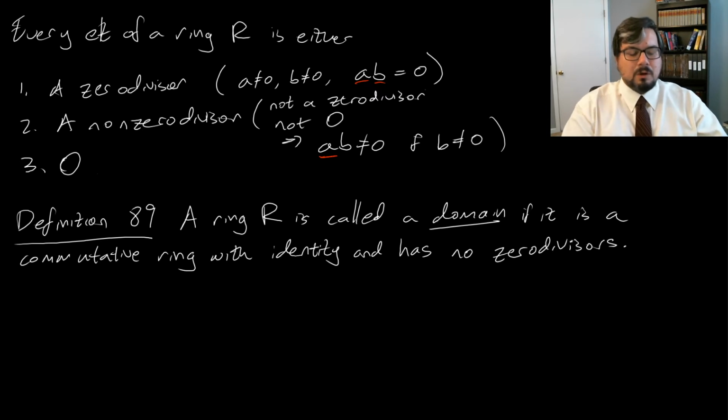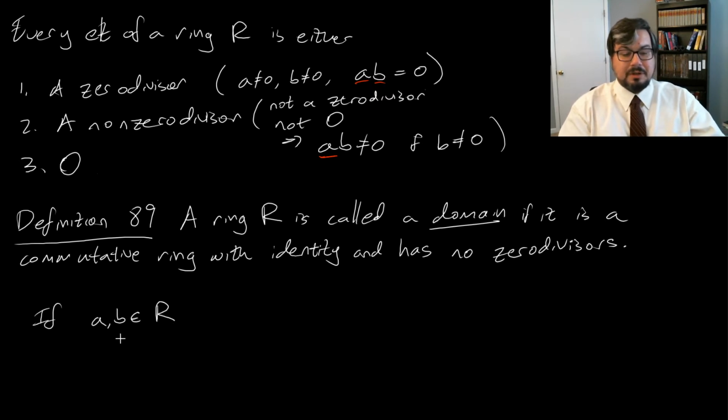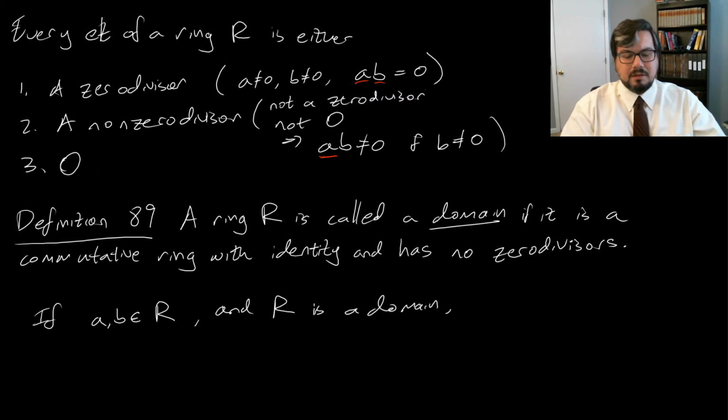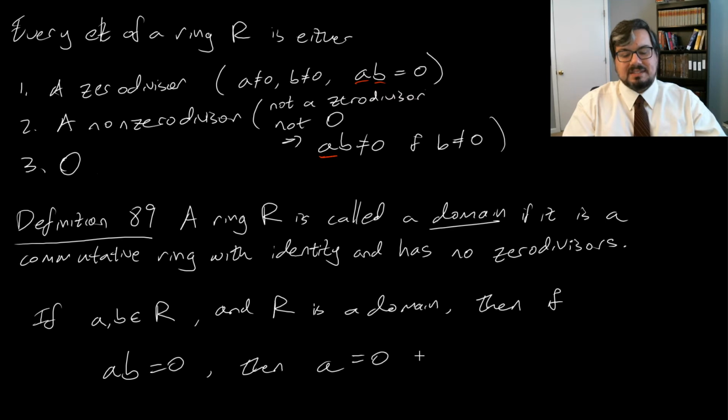One of the most important properties of domains is the following. If you've got two elements that belong to a ring R, and if that ring is a domain, then we have the following property. If A times B is equal to 0, then A is equal to 0 or B is equal to 0.